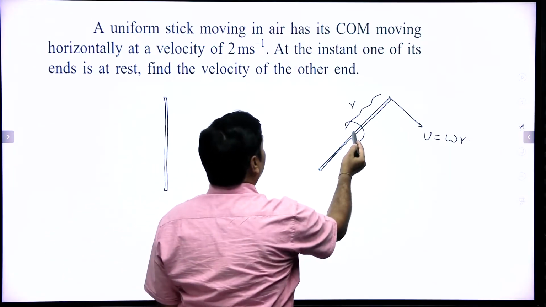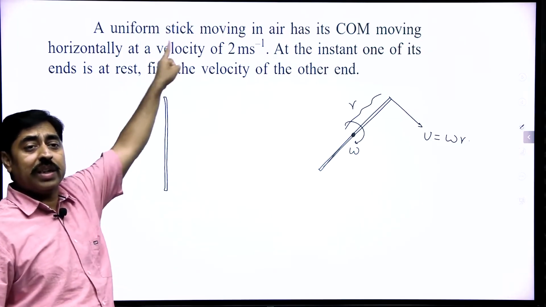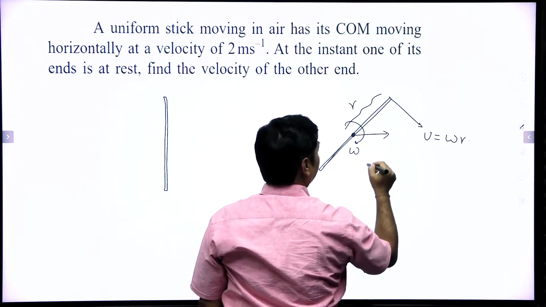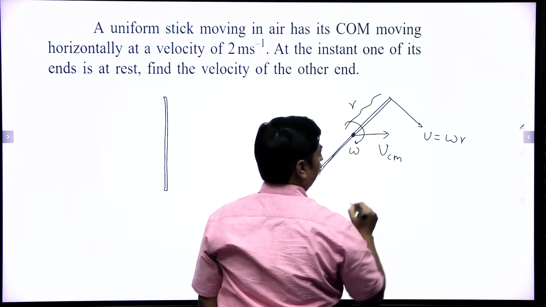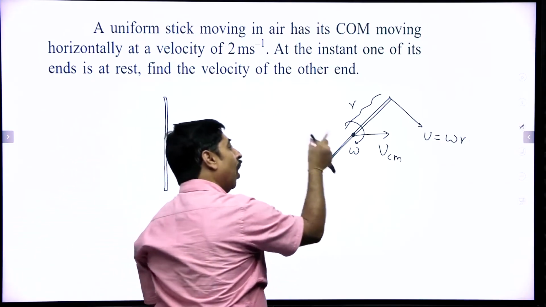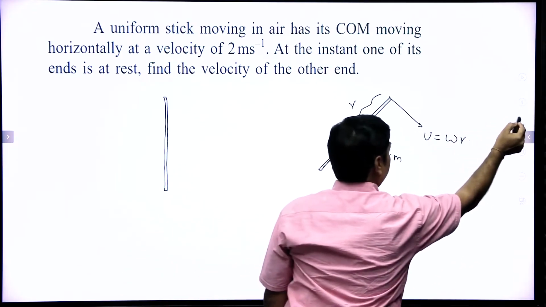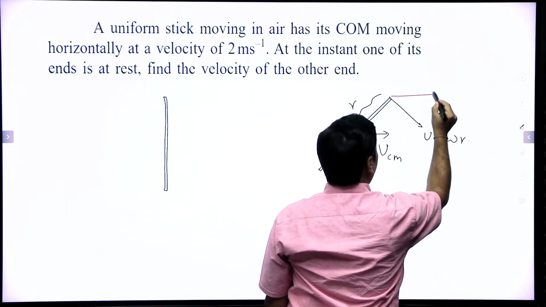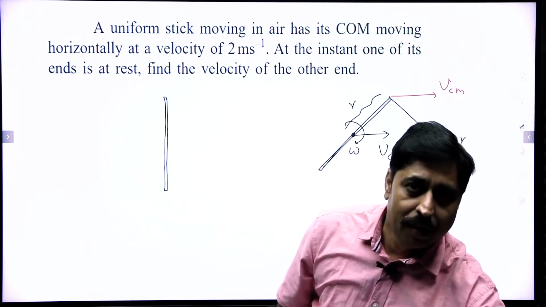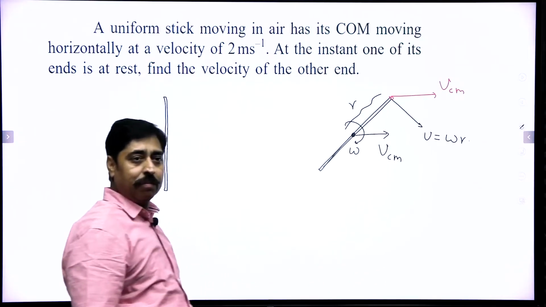So, this particular center of mass is moving horizontally. The question says that the center of mass is moving horizontally. Now, if you add this velocity of the center of mass to this velocity, then the resultant will be the actual velocity of this point.